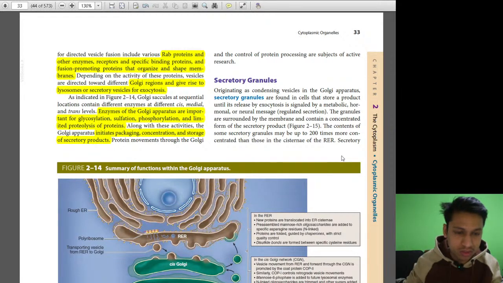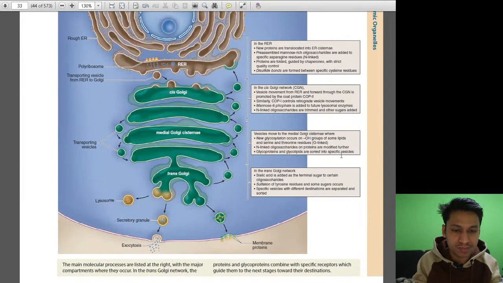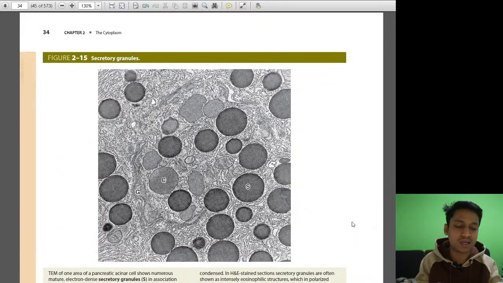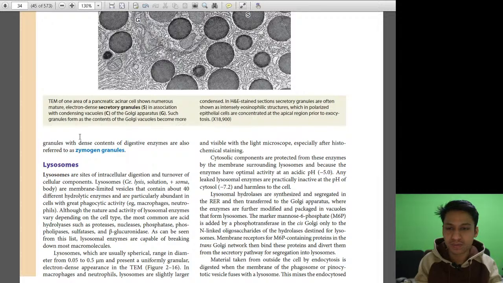All right. So this is a visual of a secretory granule that has been produced from the Golgi. So we have protein that is produced in the rough endoplasmic reticulum. It moved and was packaged in a specific way where it needs to be stored before it's exocytosed, and it is now stored in the form of a secretory granule.